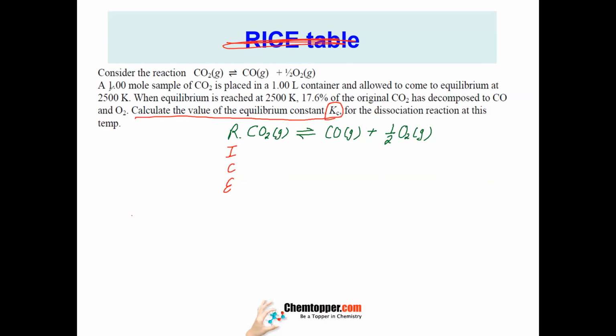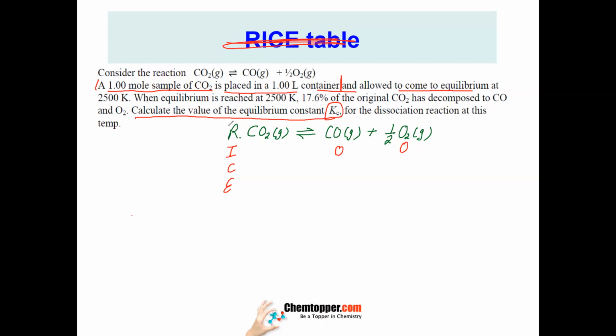And what they have given you: 1 mole of CO2 is placed in a 1 liter container allowed to come to equilibrium. So initially what is there? Only CO2. This is the initial state. So how much CO is there? Zero. How much O2? Zero.